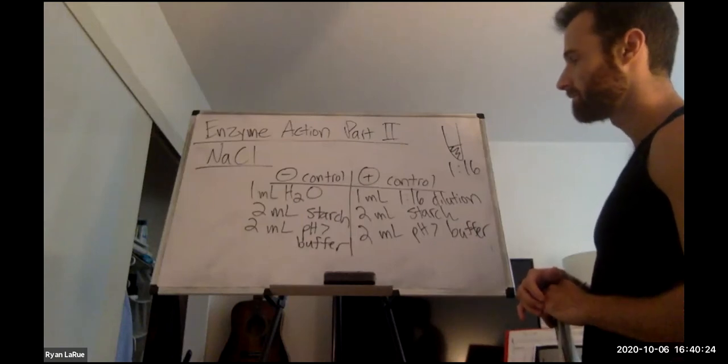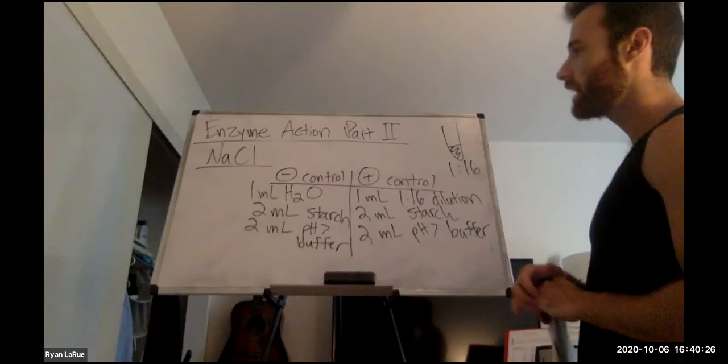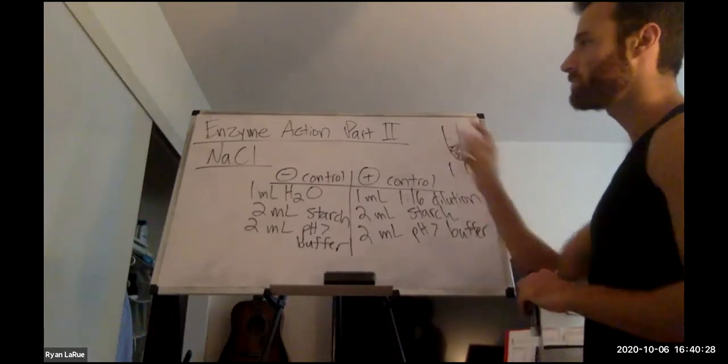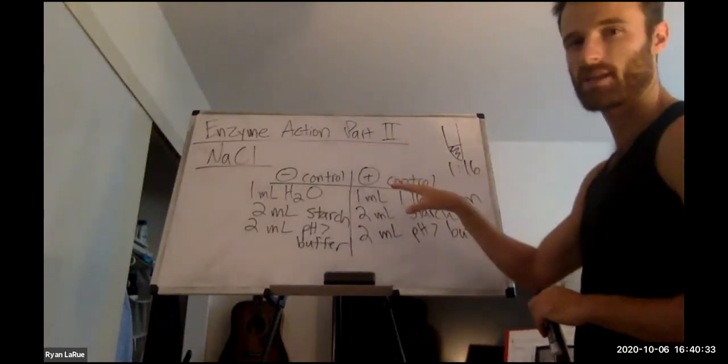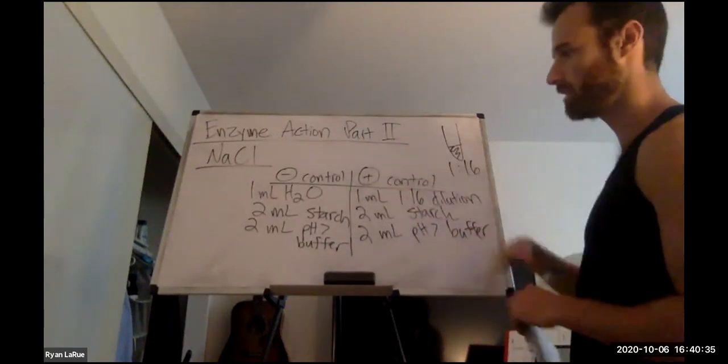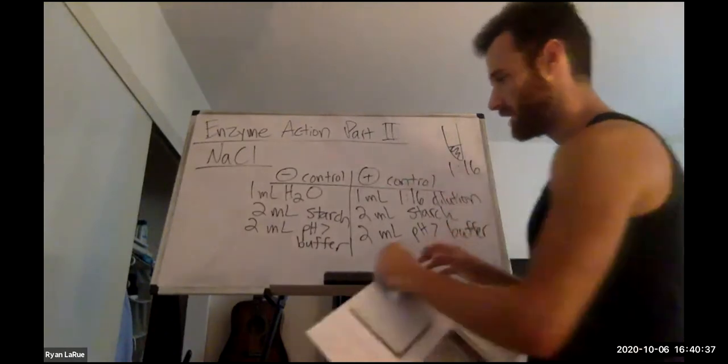So for the actual experiment, and also your positive and negative controls for every environmental factor, it's going to be the same. Same sort of setup here. So I probably won't do it every time.